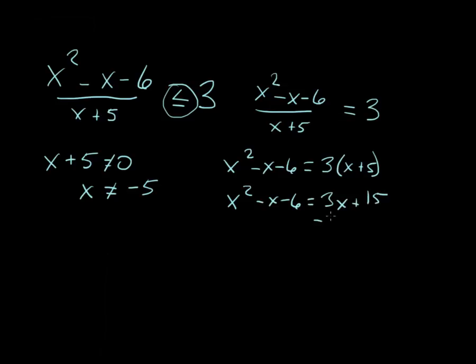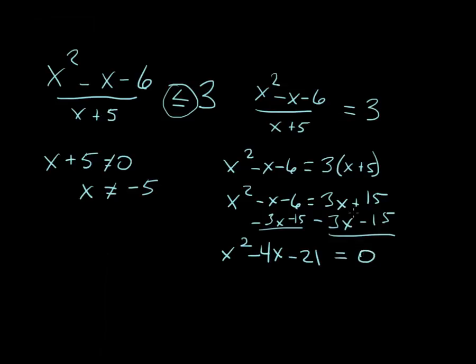Now we're going to subtract 3x and subtract 15. And we have x squared minus 4x minus, oh, this is starting to look familiar. And we were left with 0 after we took all of this over to the other side.